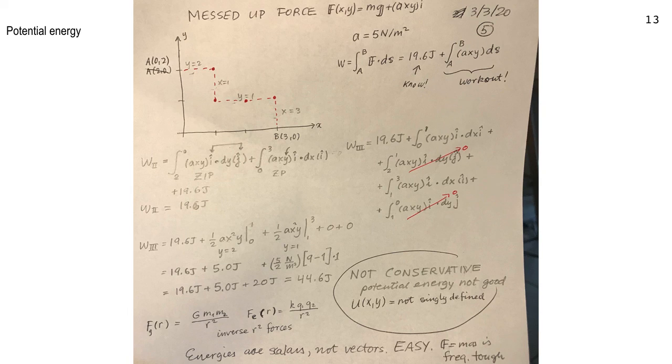So let's do Roman numeral 2. So work 2 is equal to the integral from 2 to 0 of axy times i hat dotted into dy times j hat, plus the integral from 0 to 3 of axy times i hat dotted into dx times i hat.